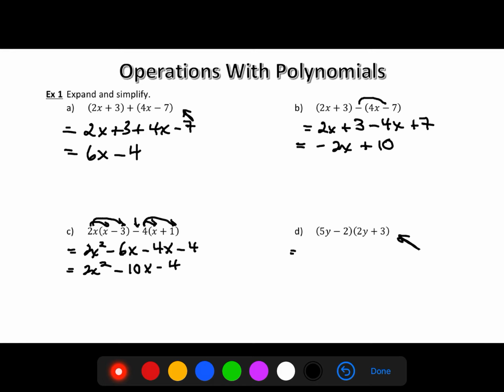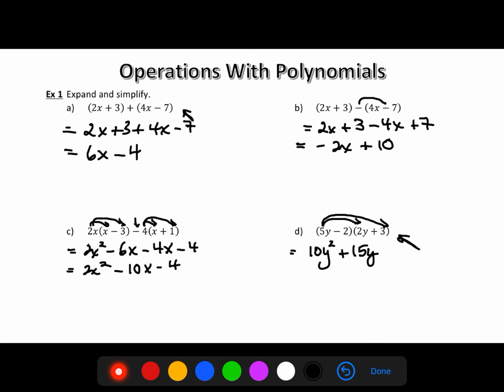For part D, we're still going to use distributive property, but now we have 2 terms times 2 terms. So we're going to take our 5y times everything in the second set of brackets. So 5y times 2y gives us 10y squared. 5y times 3 gives us 15y.